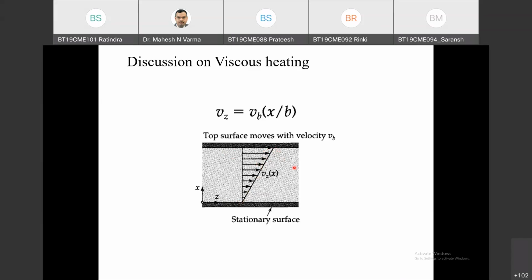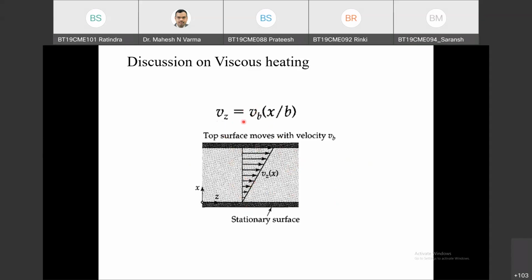You can do a momentum transfer shell balance, or you can use the equation of change and solve that, and then you get this velocity profile. The direction is horizontal, and gravitational force is negligible when this gap is very small, so viscous forces dominate over gravitational force.